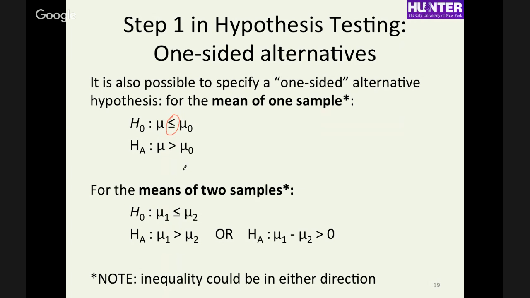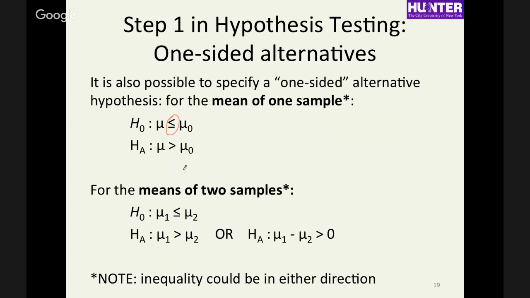And it's similar for the mean of two samples. Again, the equality is included in the null hypothesis. But note that equality could be in either direction. So you could also have a null hypothesis where mu1 is greater than or equal to mu2.